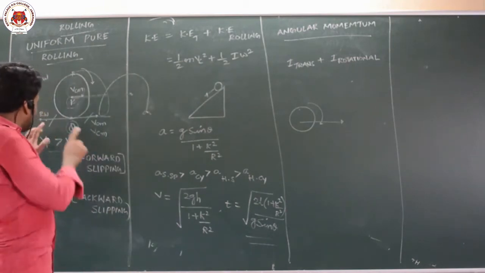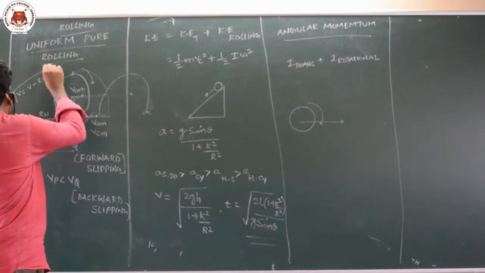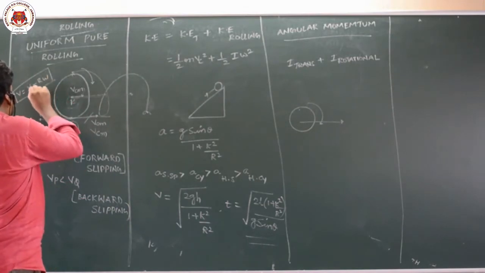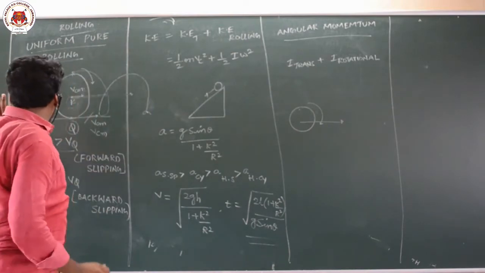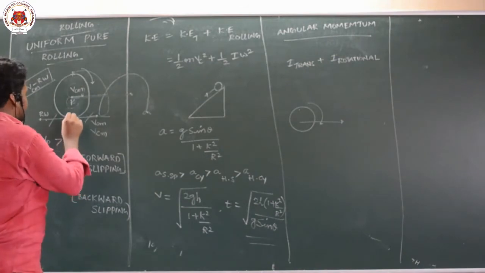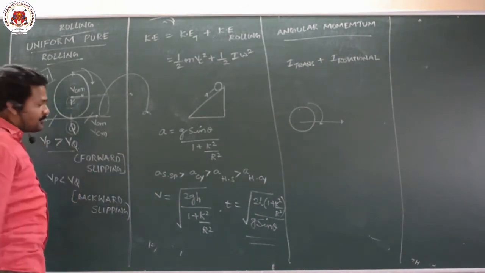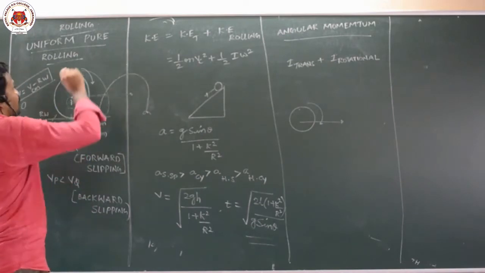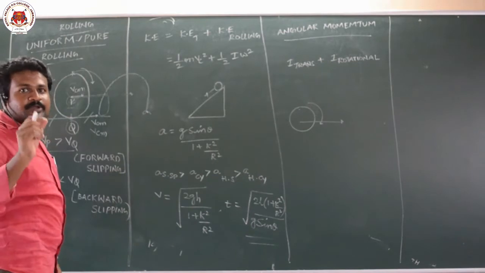So the net velocity is V bar equal to velocity of center of mass minus R omega. If this net velocity at the point of contact is 0, then the body undergoes pure rolling.